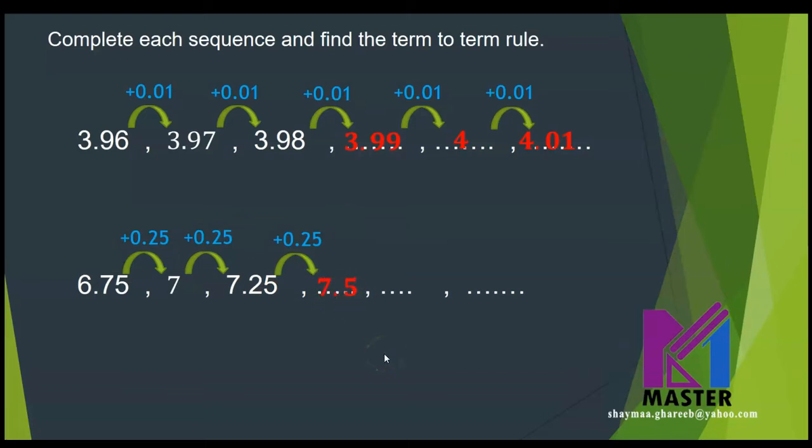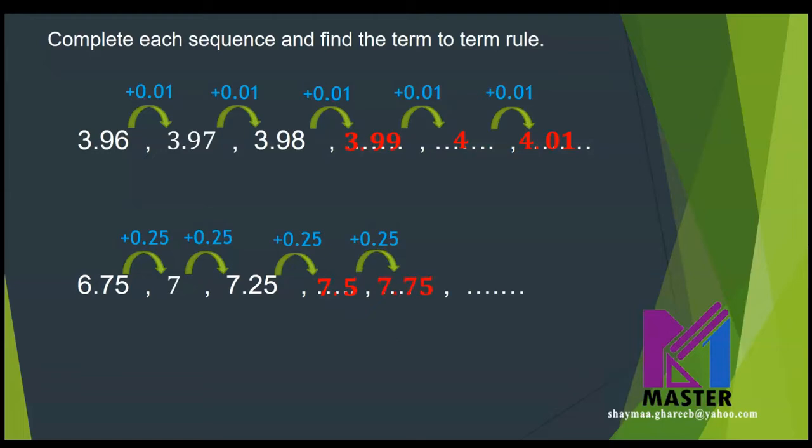Is this okay? Now, if I added more 0.25, and as we said, this one is the same as 7 and 50 hundredths. So when you add 25 to the 50 hundredths, it will be 75 hundredths.